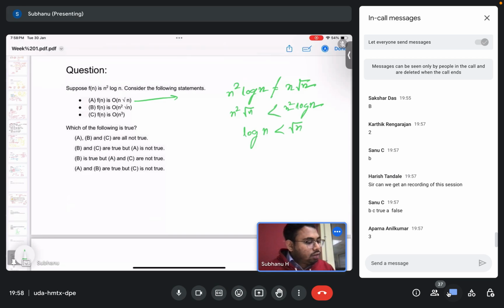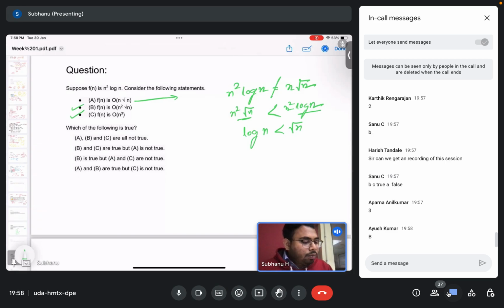So this is true because this upper bounds n square log n. Then f(n) is order of n cube, so this is also true. So A is false, but B and C are true. So this one is the correct answer.